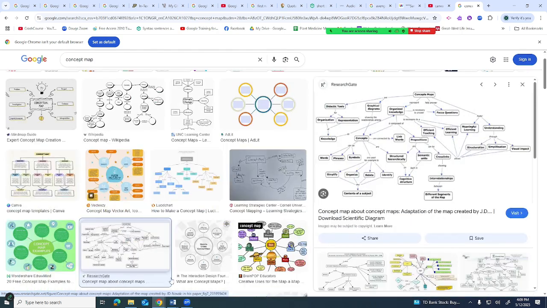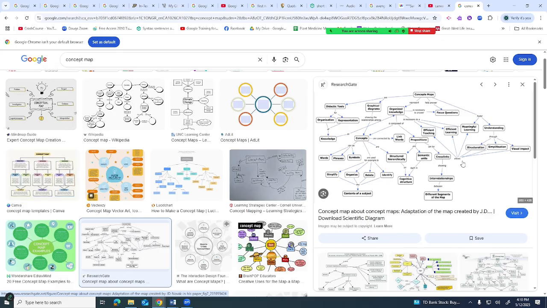Here's a very complicated one right here. And look at all these arrows, right? But this is what we are trying to achieve here, to be able to draw these relationships on a very large scale.